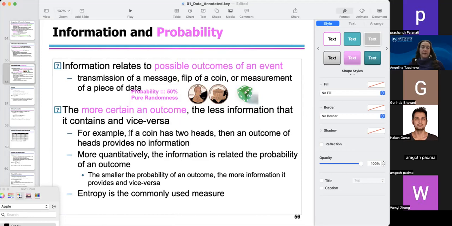That's why it says here, if the coin has two heads, then the outcome provides no information. The smaller the probability of the outcome, the more information it provides, and vice versa.